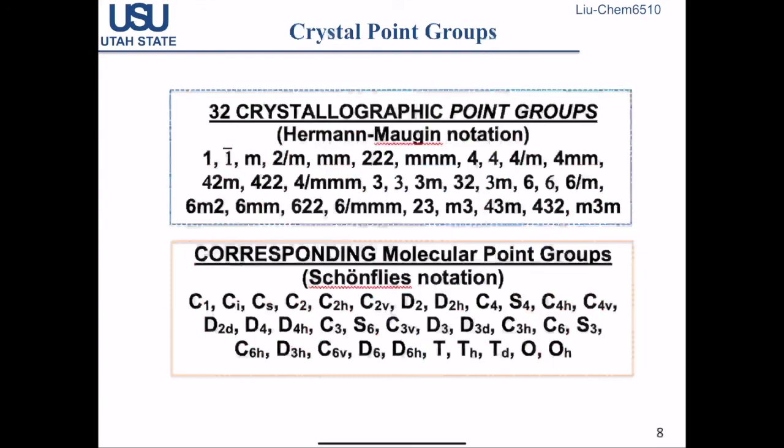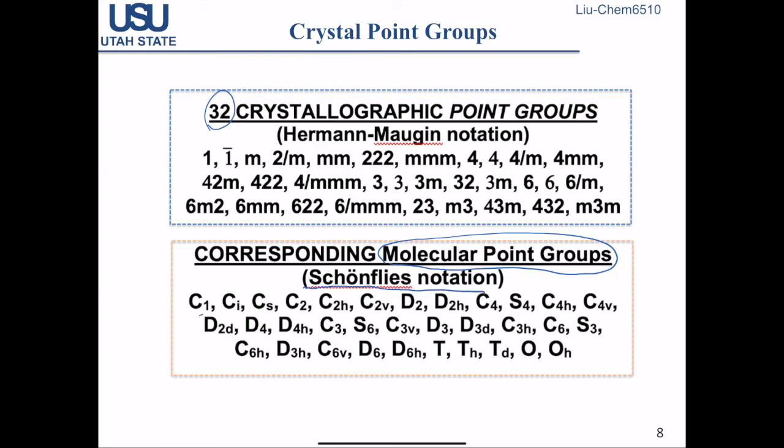Because of the nature of the crystal structure, we're going to have 32 point groups. We call it crystal point groups, which correspond to the molecular point groups shown on the bottom. Remember, to define the symmetry for molecular point groups, we use Schoenflies notation.